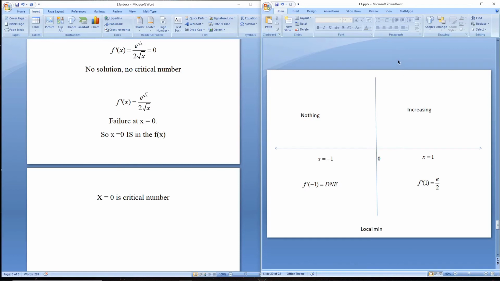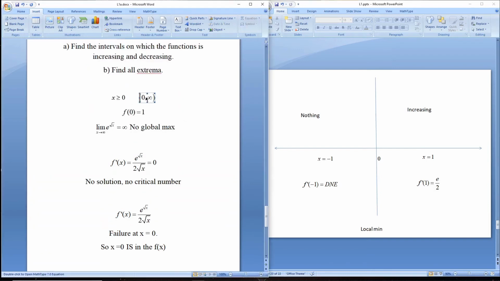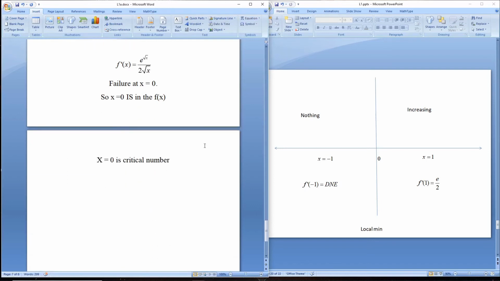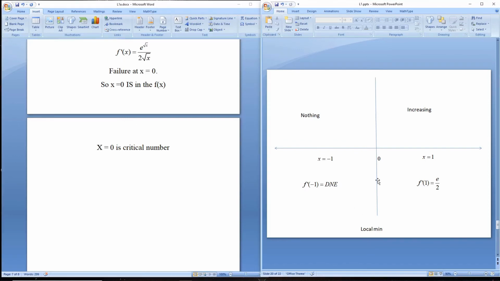You can't start from a maximum value and then increase. That wouldn't make sense. So you start from a minimum value and you increase. Another key point here is that this domain does include 0. Remember, a closed endpoint is crucial to claim that's an extrema.